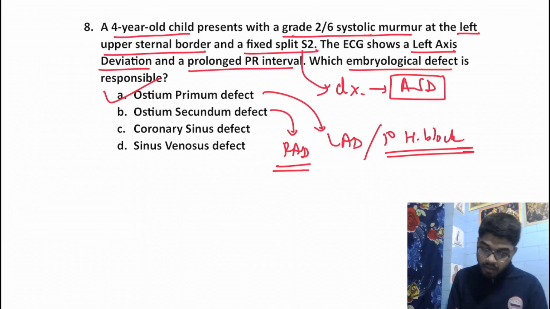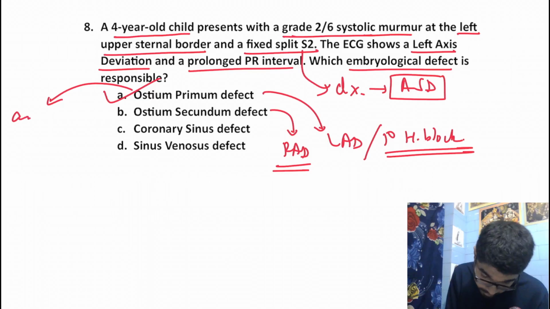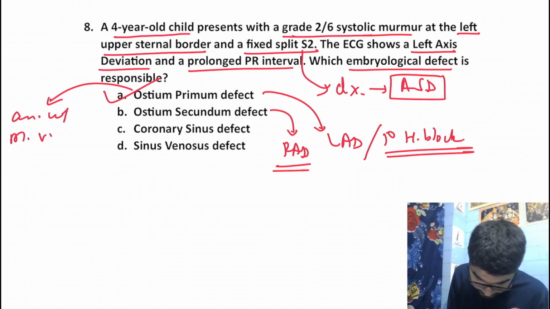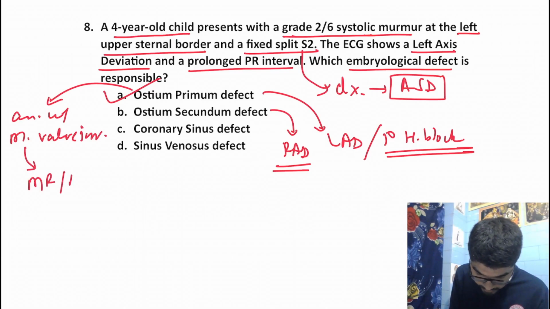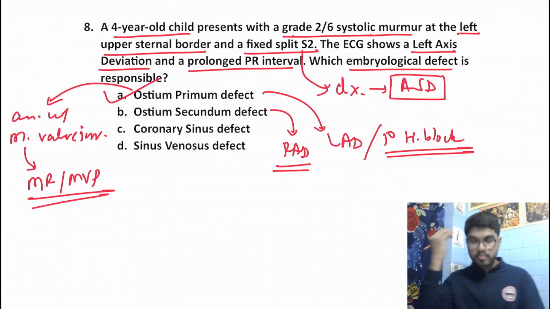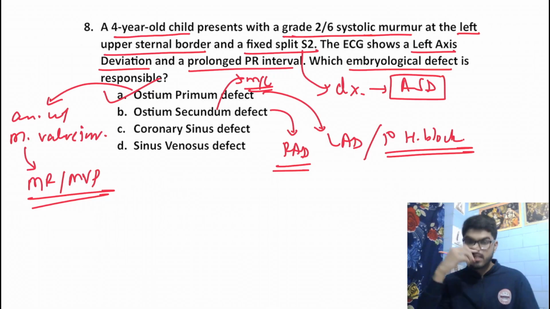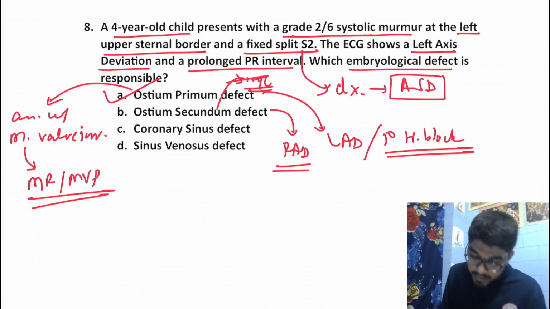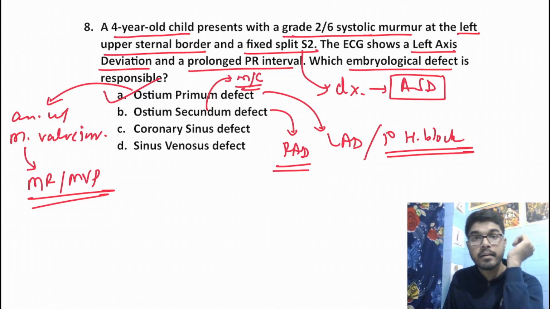But if we talk about each of these four, remember ostium primum defect is associated with mitral valve involvement. So we can get mitral regurgitation or mitral valve prolapse with ostium primum defect. Whereas ostium secundum defect is the most common variety of ASD. Okay.